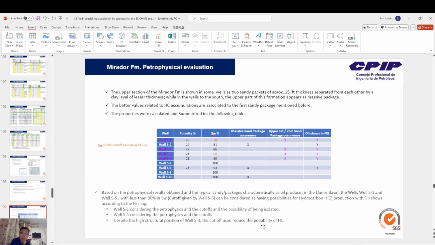S1 considering the petrophysics and the cutoff and the possibility of being isolated. S5 well considered the petrophysics and the cutoffs. Despite the high structural position of S3, the cutoff used reduced the possibility of hydrocarbon.